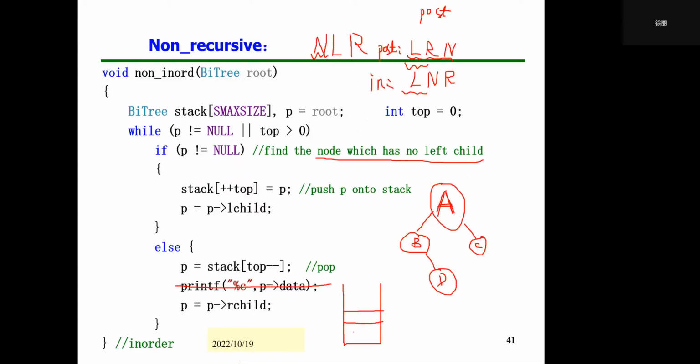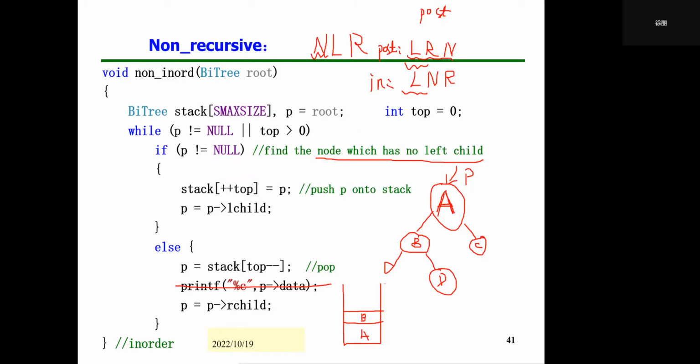Start from A, so we need to push A, and then we go left, and then we push B, and then we go left. So the left of B is none. That means we have found the first node which has no left child, right?